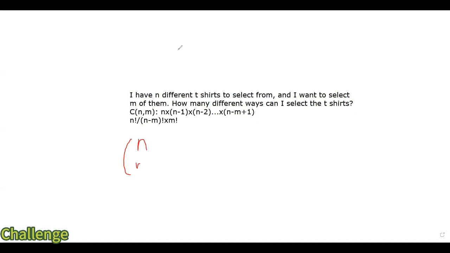So n pick m is going to be equal to n times n minus 1, and so on, all the way to n minus m plus 1, divided by m factorial.